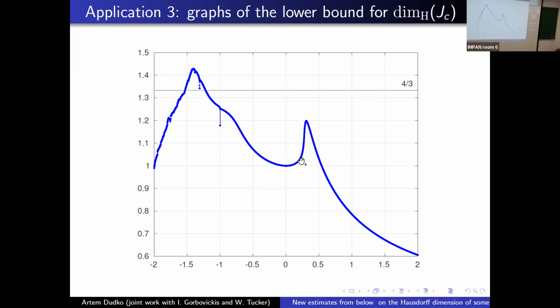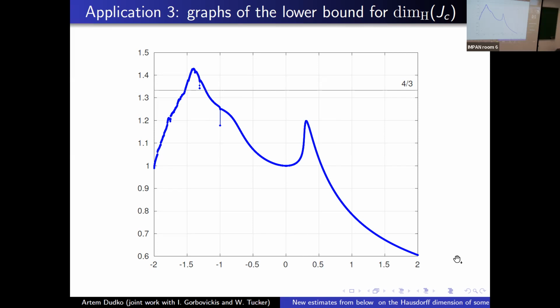There is a discontinuity of dimension somewhere here, and then it is going down.